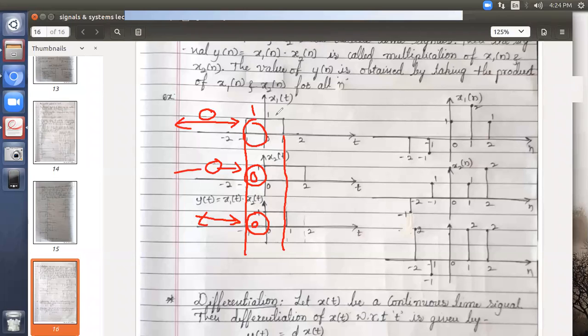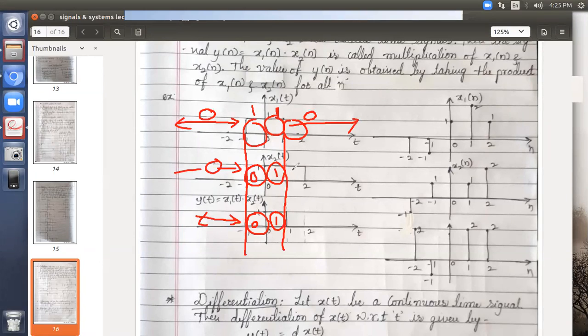Similarly, considering between 0 and 1, that 1 unit of time, amplitude is 1. Here also if you observe, in between these two, amplitude is 1. 1 into 1, you will get between 0 to 1, amplitude is 1. Now, after this, there is no amplitude at all, 0.